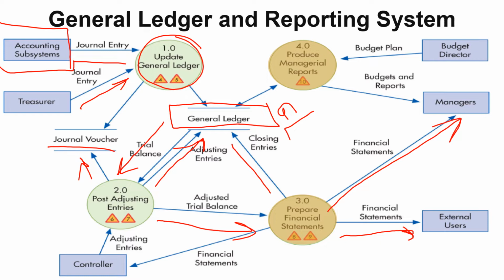The balances in the general ledger will be used in the process of producing managerial reports. And also the budget direction will be one of the inputs for producing managerial reports. Then it will be sent to the managers as demand reports according to the needs of the management.